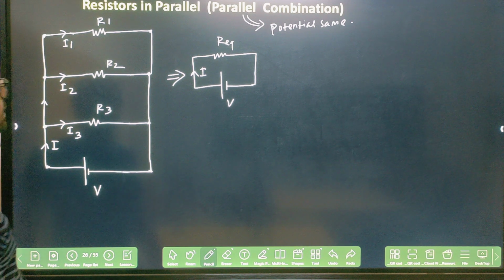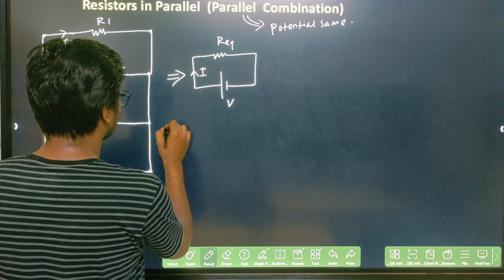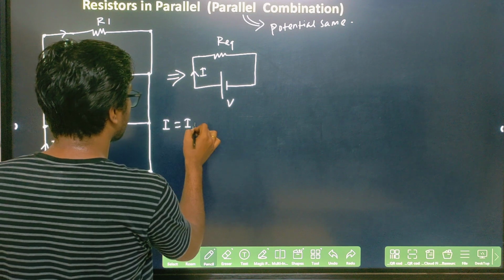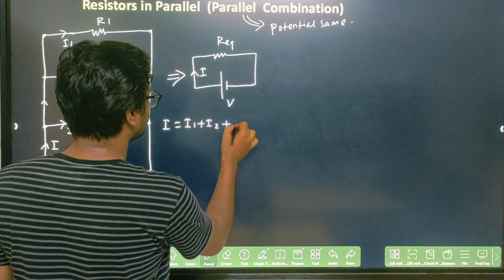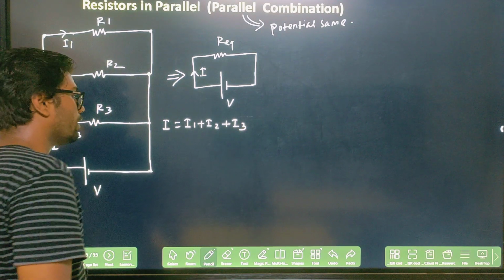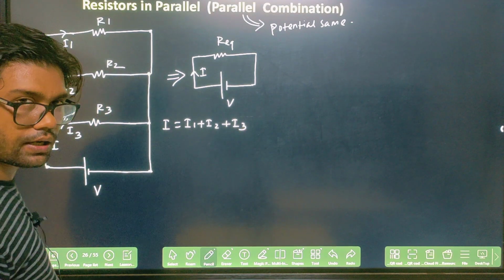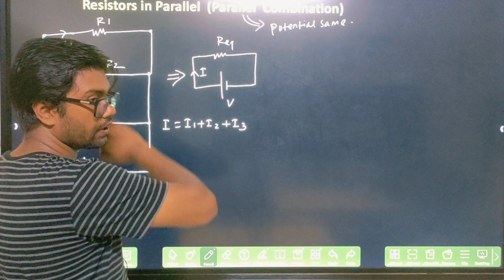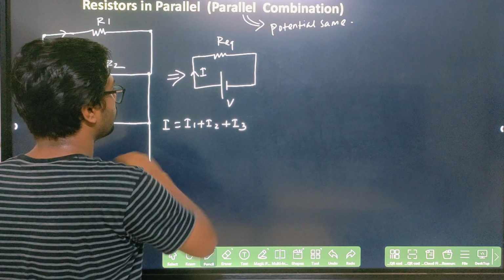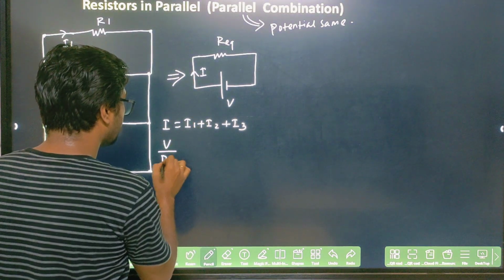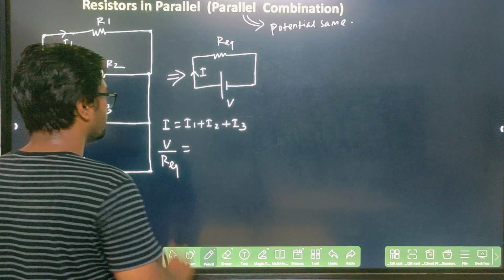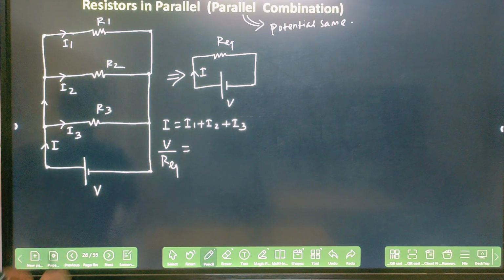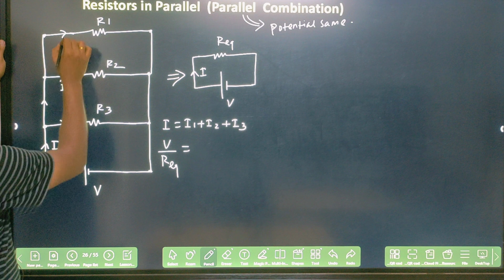So what can I write here? I equal to I1 plus I2 plus I3. Can you find out the I value here? You can find out the I value here. The current flowing here will be V divided by R equivalent. What will be I1?